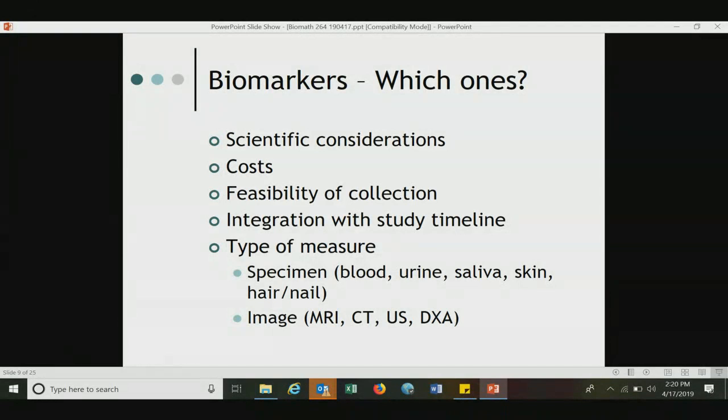After you've looked at the scientific and cost considerations, then see how feasible is it to actually collect it. So there are things that we would love to get from people, but it turns out that it's not as feasible. Technology is helping us a lot with this, and so there's a lot more things that we can do.